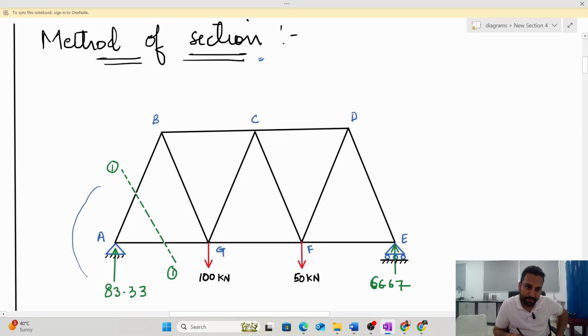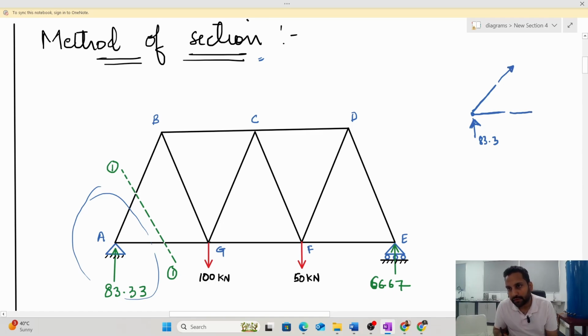and if I only analyze this part of the truss, what is there at joint A? At joint A, you have a force of 83.33 which we have calculated in reaction. Now after that there is a force in member. This member is like this, it has been cut, and there is another member like this and it has been cut. So there would be a force like this. Initially I will assume both the forces are going away.